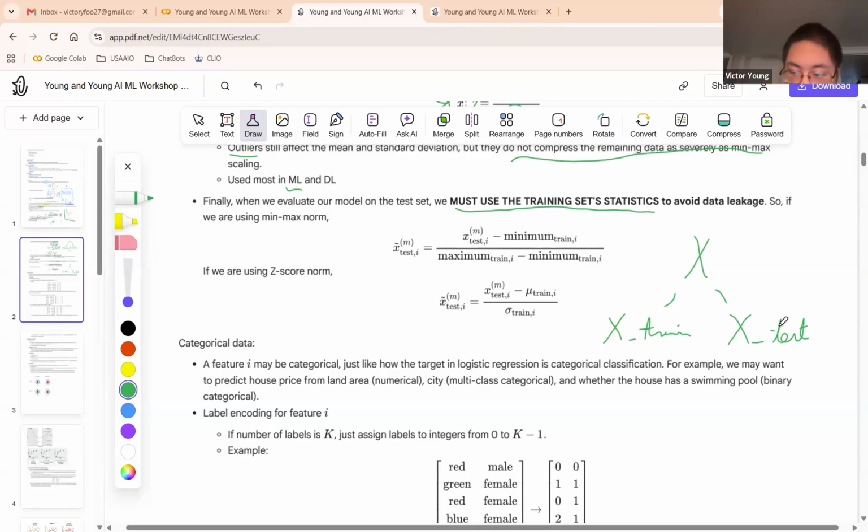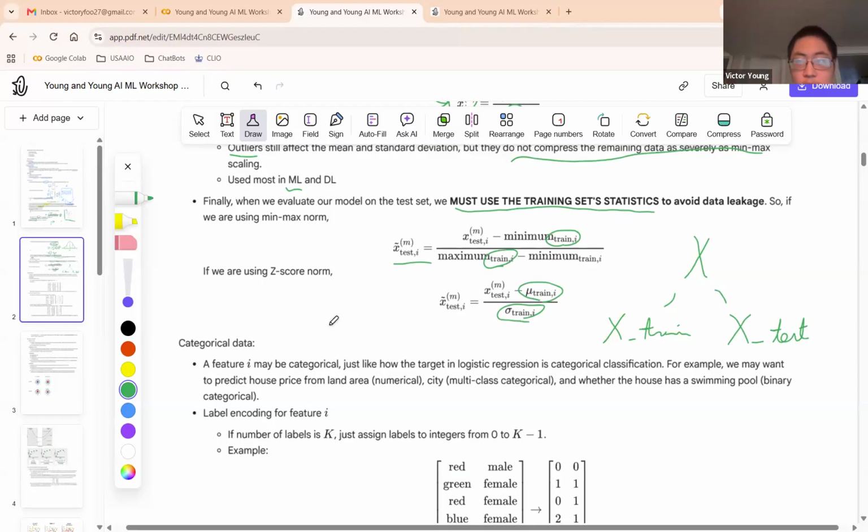So we have to normalize X test as well, right? That's very intuitive. But we'll have to normalize X test using X train's minimum and maximum, for min-max norm, or X train's mean and standard deviation. Because if we normalize it using X test, well, X test's mean might not be the same as X train's mean, and that's not what the model learned.